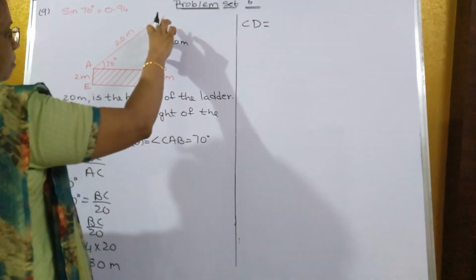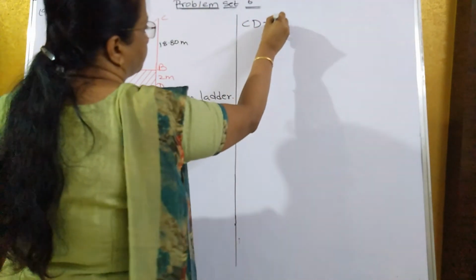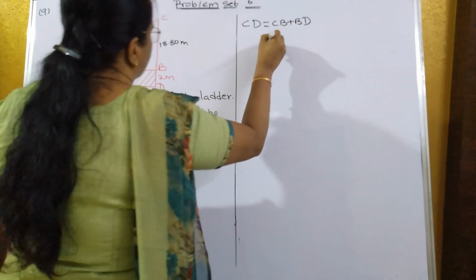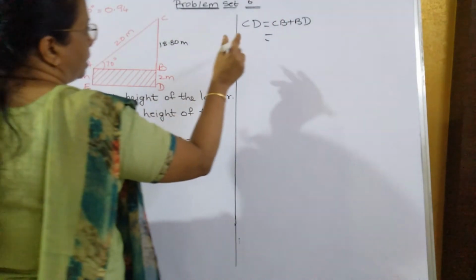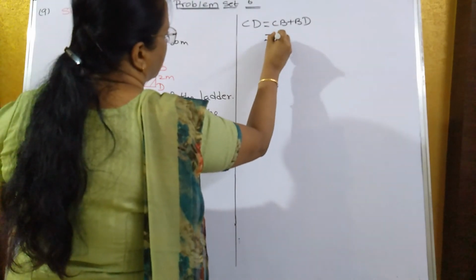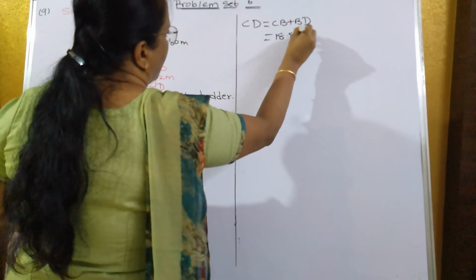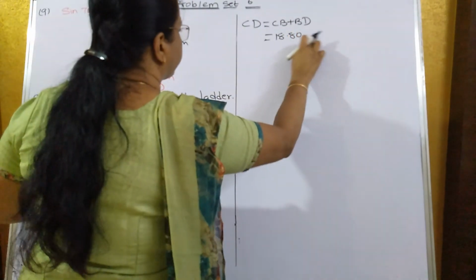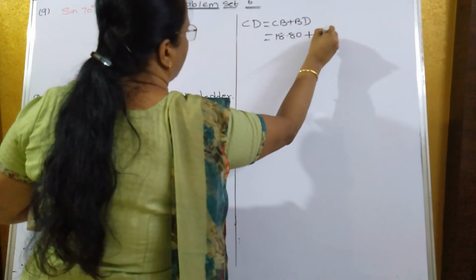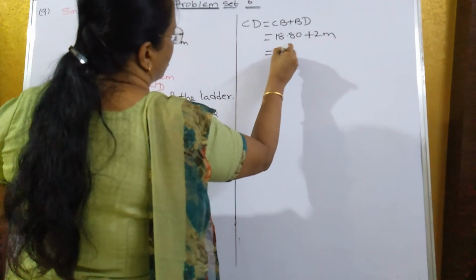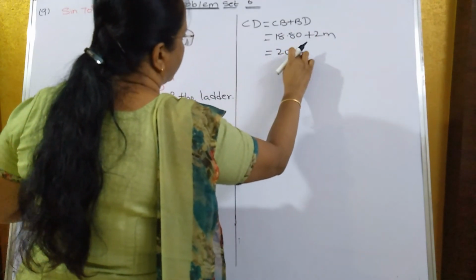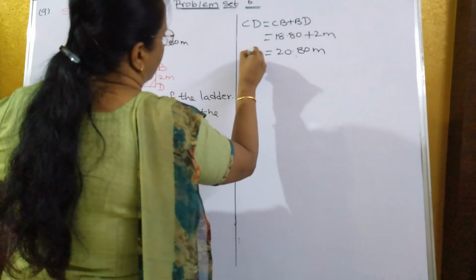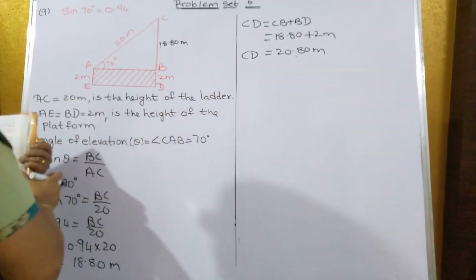CD is made up of CB plus BD. CB we have got 18.80, and BD is equal to 2 meter. So together it is 20.80 meter. So what is the answer?